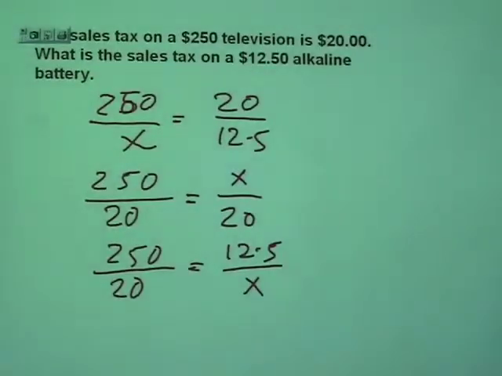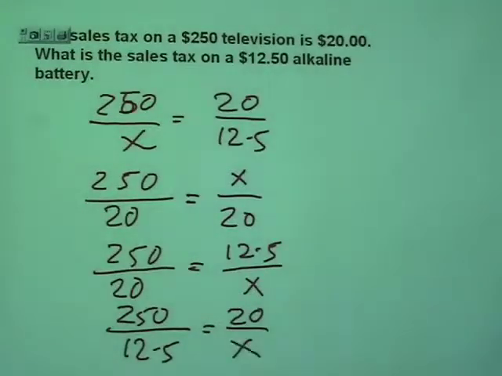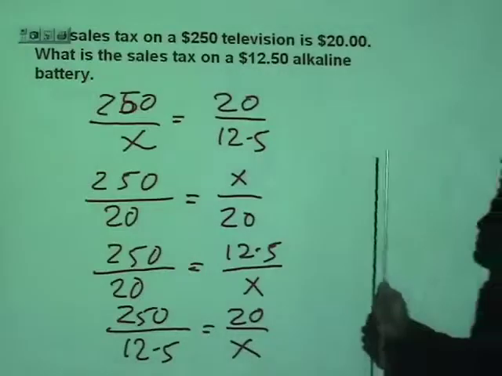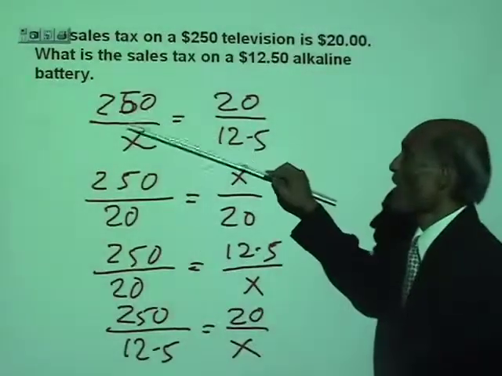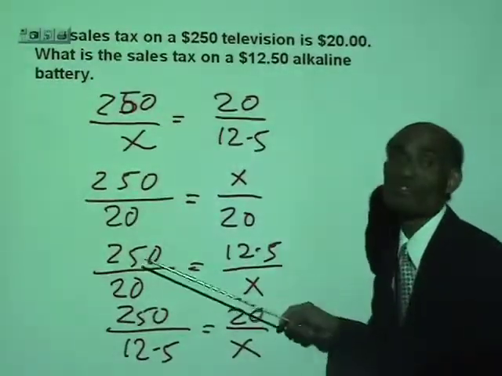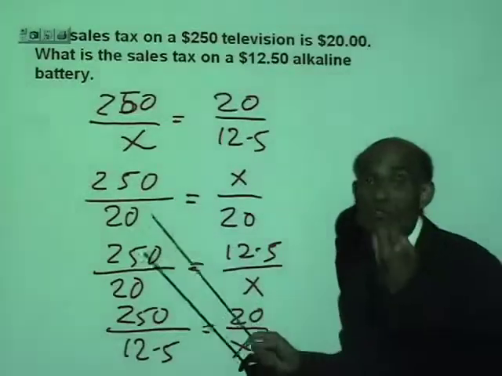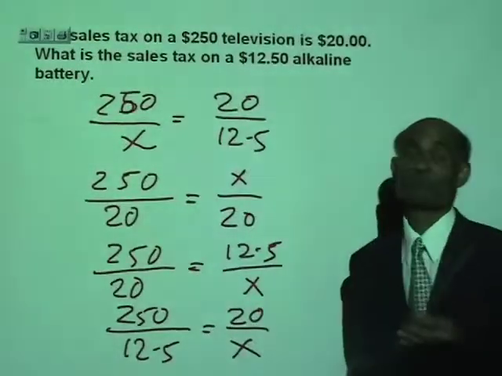Alright, let me see what the next one can be. 250 divided by 12.5 equal to 20 divided by X. You see, I gave you 4 choices. The question will be, which of these proportions can be used to solve this problem?